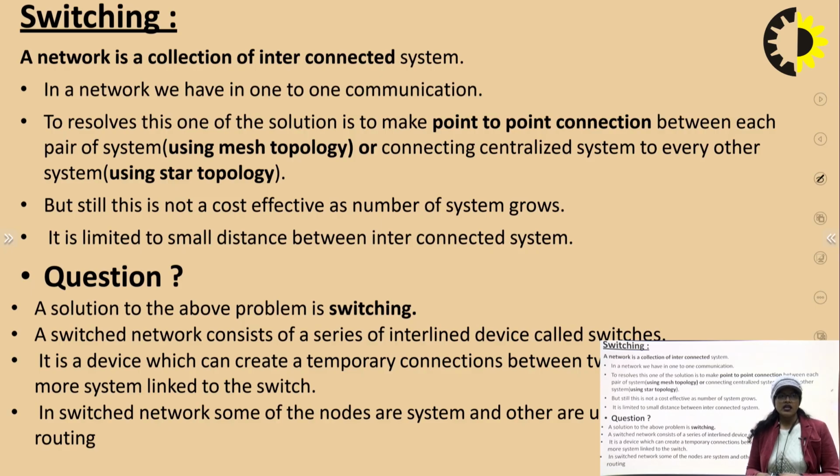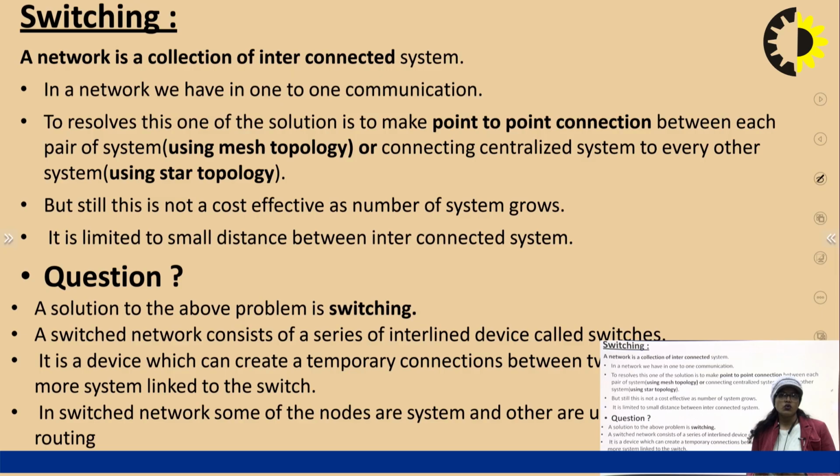If the sender and receiver want just one-to-one communication, we link them by a dedicated link between the sender and receiver. This is the main approach we are going to discuss in this lecture, right?